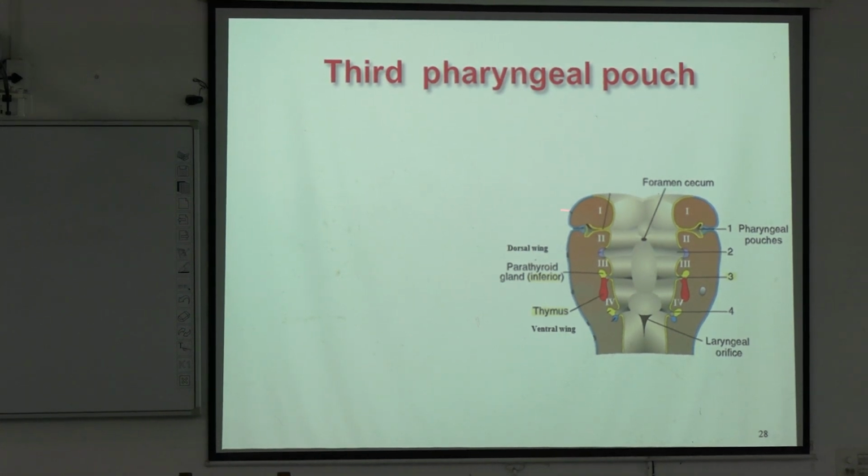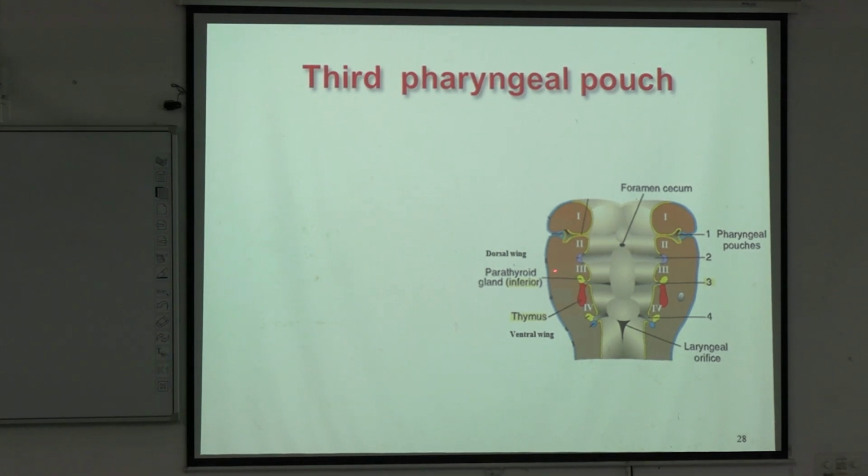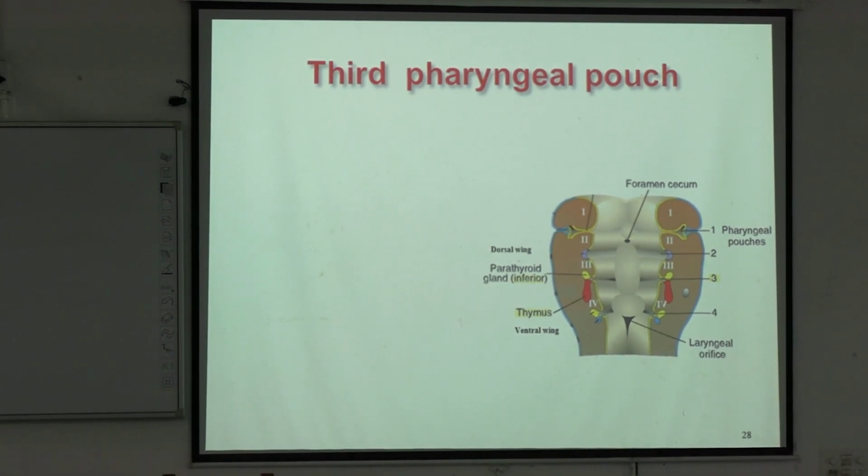So this yellow part which you're seeing here, the third pharyngeal pouch, develops into a gland we call the parathyroid gland. The lower one, the red one, develops into another tissue, we call the thymus, which is a lymphoid organ. So the third pharyngeal pouch develops into two things.